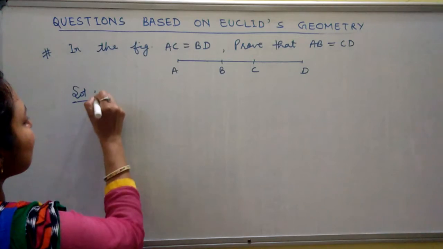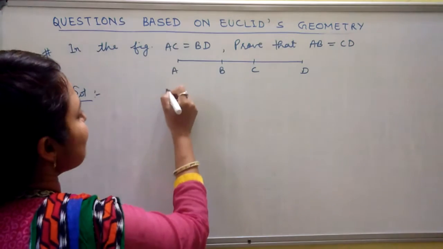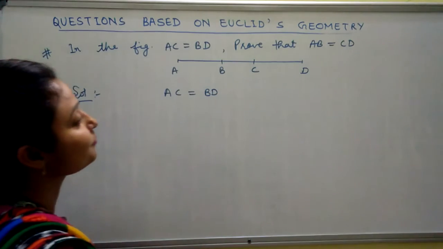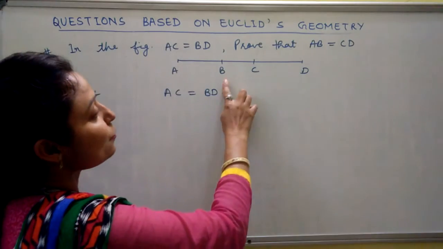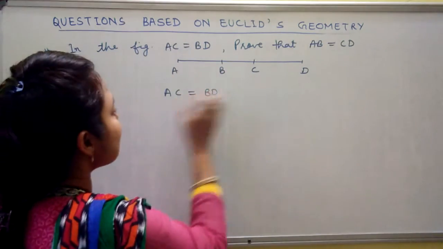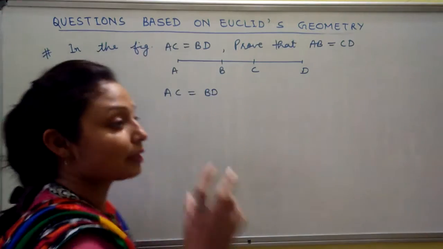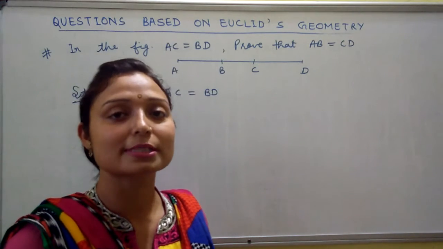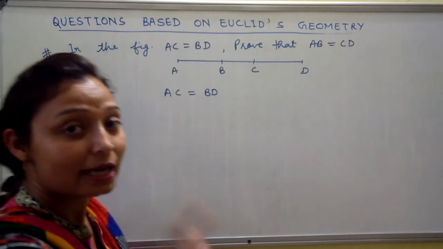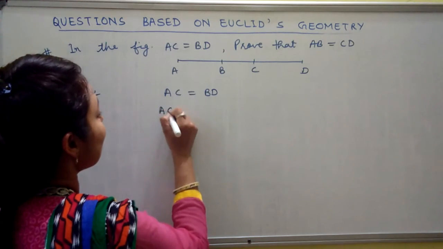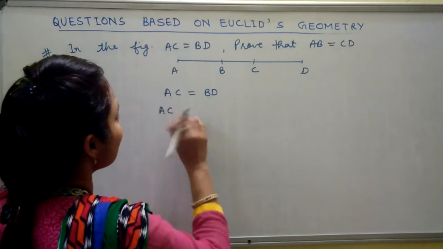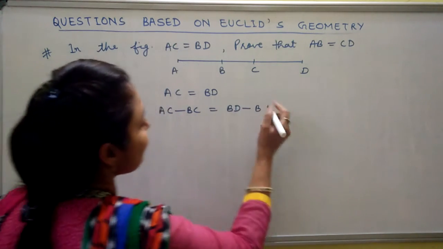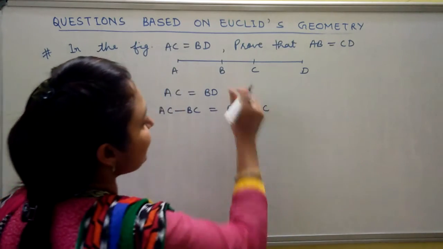How to solve? I will start from AC equals BD. Another axiom told you that if equals are subtracted from equals, then the remainders are equal. Is it right? So I will subtract BC from AC and BC from BD.